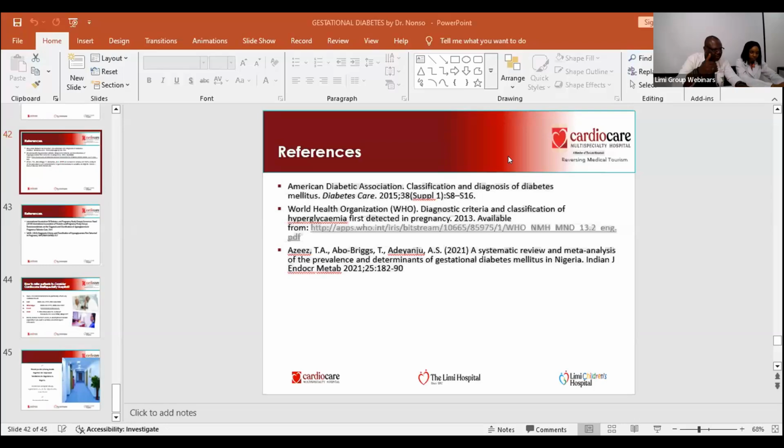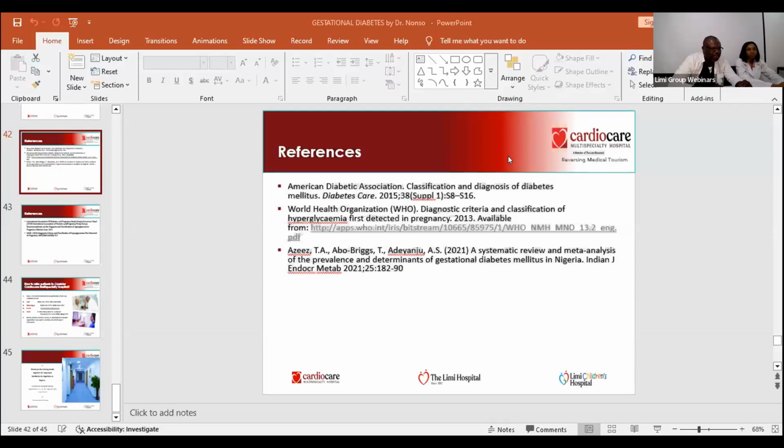If you're trying to conceive, you meet your doctor and you can change all these things. But most times in Nigeria, most pregnancies are not planned. Let's say the woman misses her period and the test is positive. What I say at this point is, go and meet your doctor so you can adjust all these things for you. Or when they come to you, stop the oral agents at that point and start insulin.